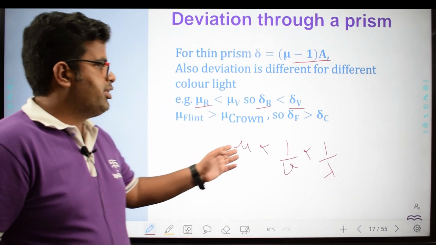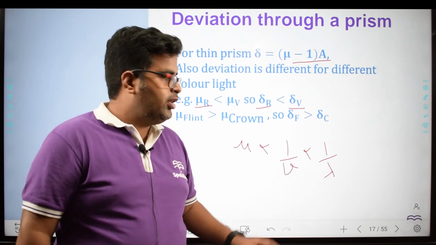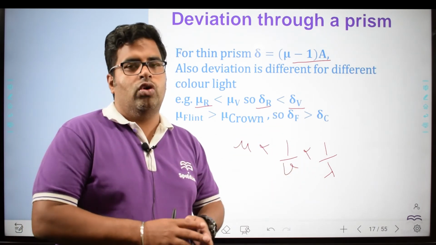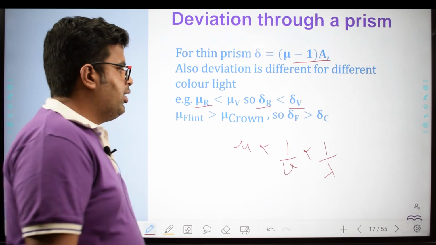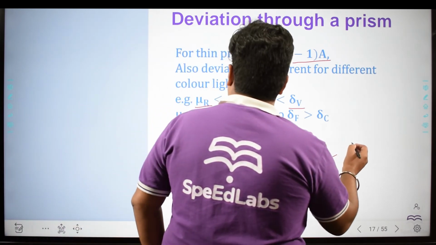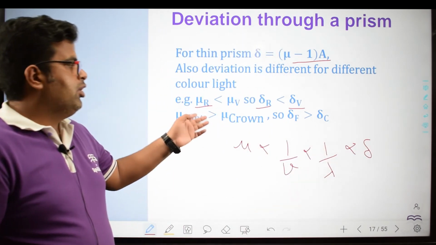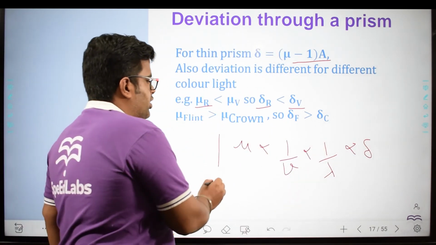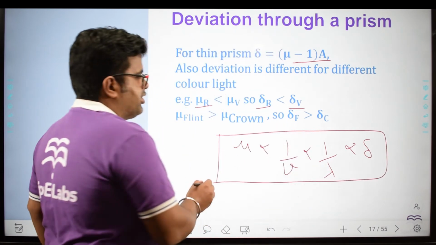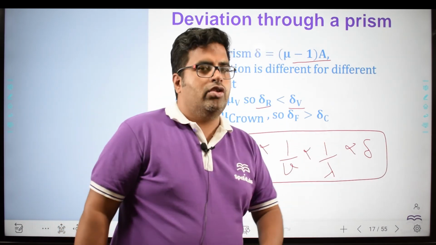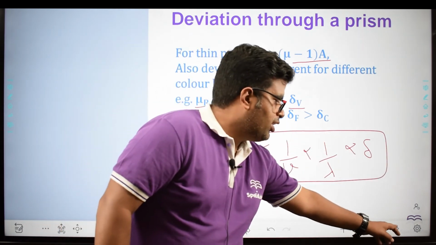So refractive index is inversely proportional to wavelength. Now if wavelength is more, then deviation is going to be less. So mu has to be directly proportional to delta, that is your deviation. So from here we can conclude that refractive index is directly proportional to deviation. I hope you understood it.